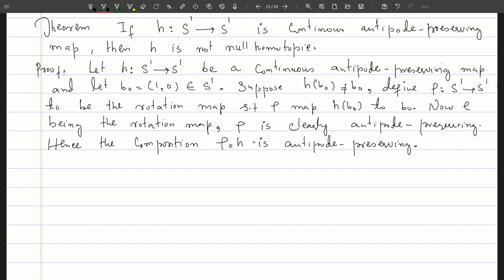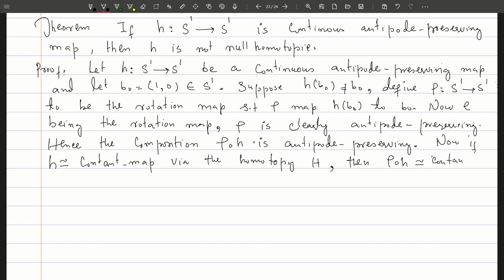Now, if H is homotopic to the constant map via the homotopy, say H, then this rho composite H is also homotopic to the constant map via the homotopy rho composite H. That means this homotopy implies this homotopy.